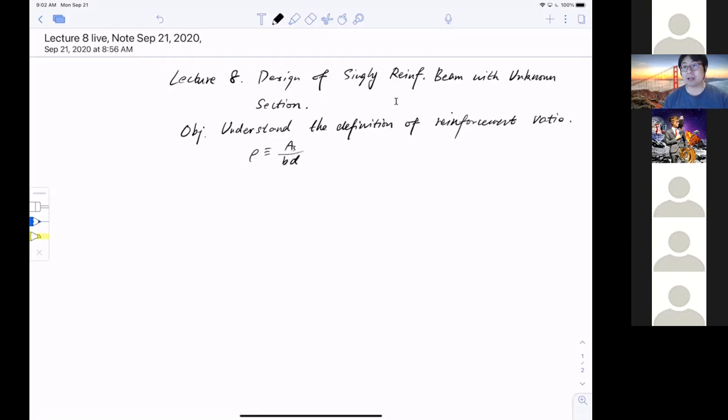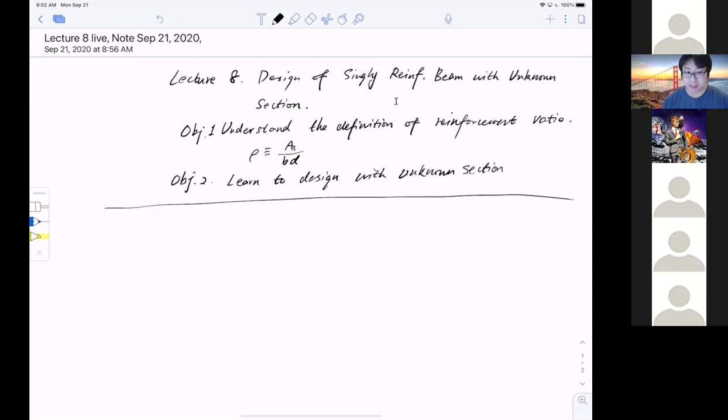It's basically area of steel divided by the section area, assuming it's a rectangular section. So the second objective, of course, is learn how to design with unknown section. Okay, so these are our objectives.